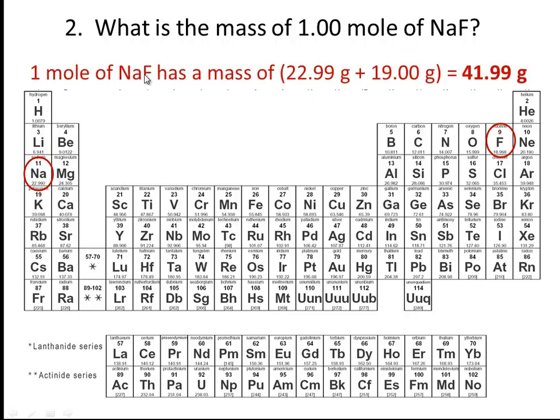So 1 mole of sodium fluoride has a mass of 22.99 grams, which is the molar mass of sodium, plus 19.00 grams, which is the molar mass of fluorine. When you add those two together, you get 41.99 grams. And that's all there is to it for problem number 2.